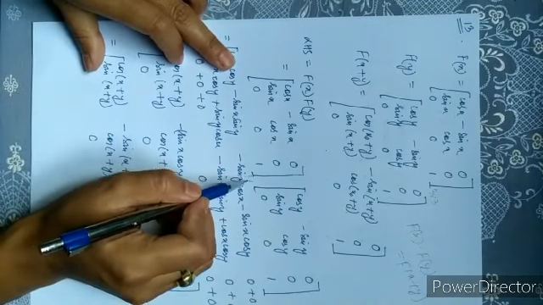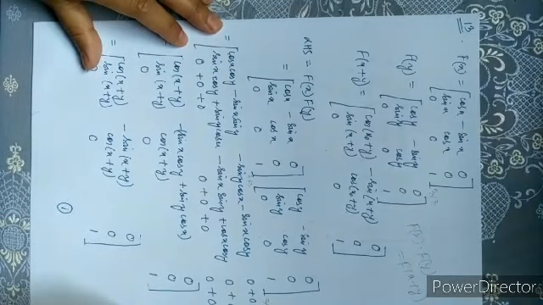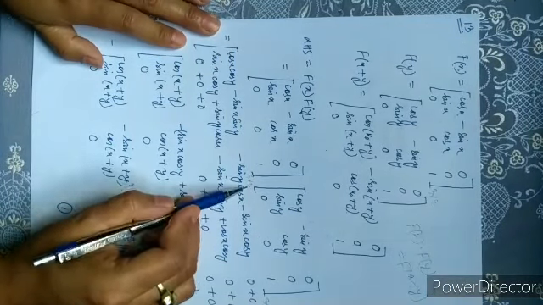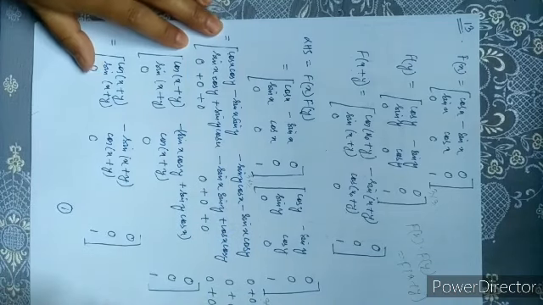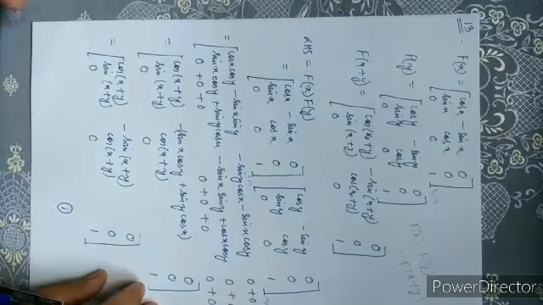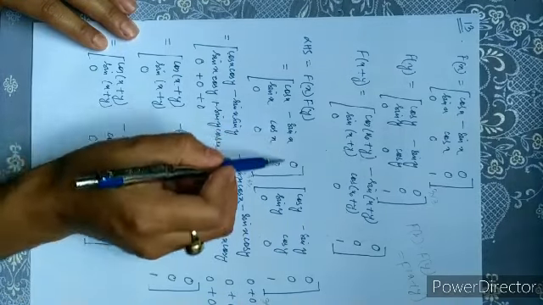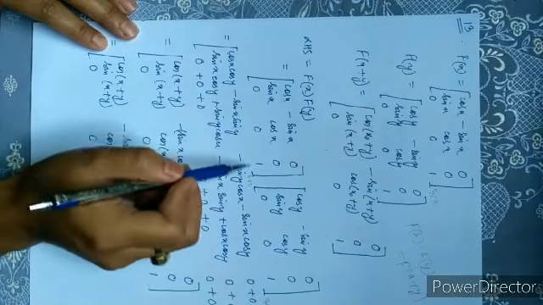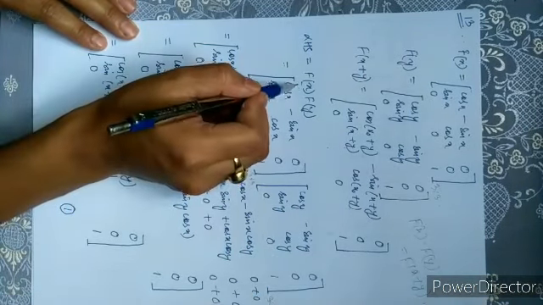The first matrix is of order 3 by 3, and the second matrix is of order 3 by 3. So the number of columns of the first matrix is equal to the number of rows of the second matrix. They are compatible for multiplication. Then apply the rule of multiplication: first row, second row and third row multiplied by first column, second column and third column.